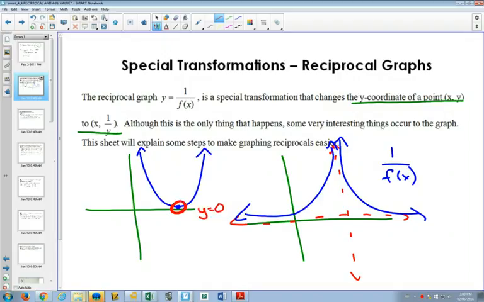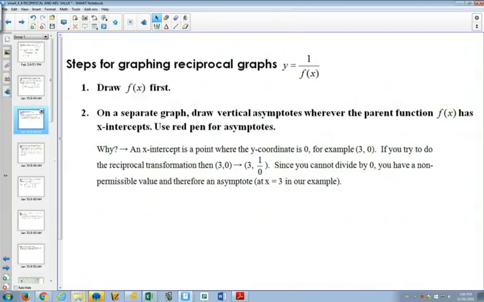What happens when I change my y value to 1 over y? I have 1 divided by 0. So wherever we have an x-intercept, we have a non-permissible value. And how do we show the non-permissible value? We show that with an asymptote. So we're going to have vertical asymptotes wherever your original function has an x-intercept. Sometimes you might have a bunch of x-intercepts. When we do the graphs of sine and cos, we're going to have an infinite number of x-intercepts, so you would have an infinite amount of asymptotes.